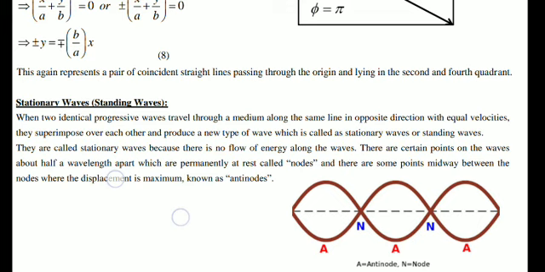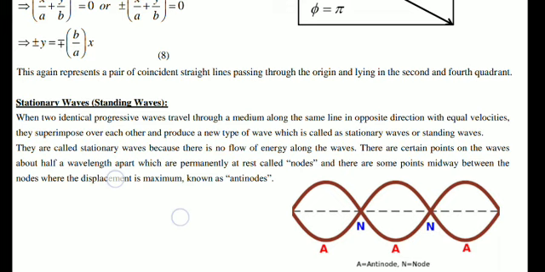A normal simple harmonic wave starts from one point and may progress anywhere in space. But the stationary wave does not move at all, and there is no flow of energy from one point to another.